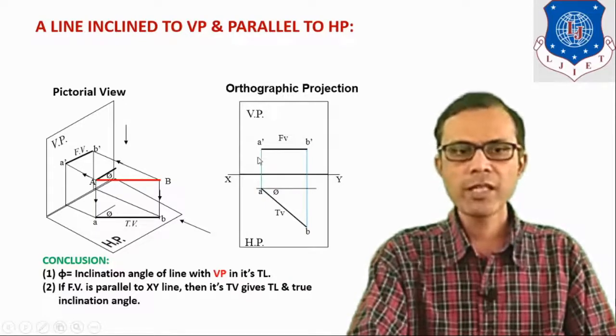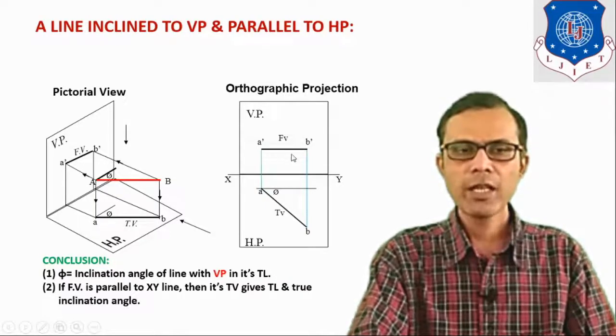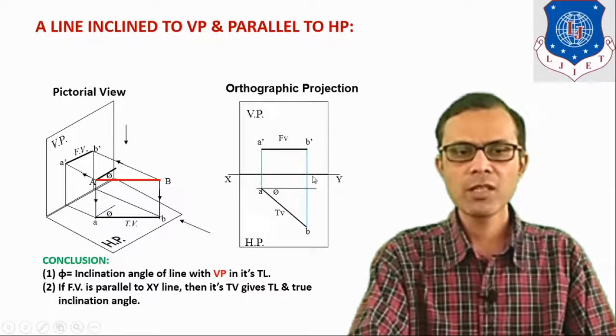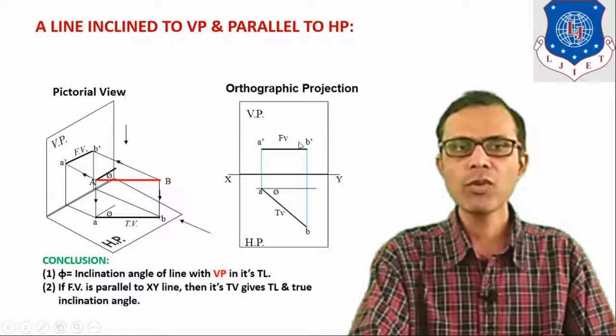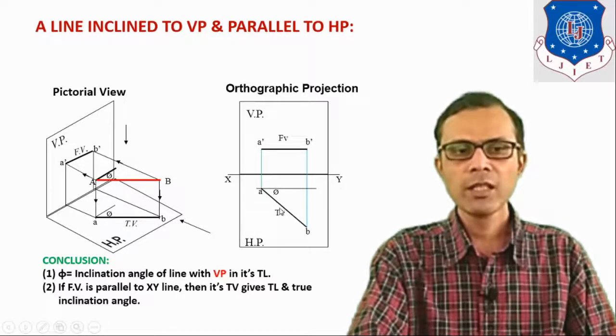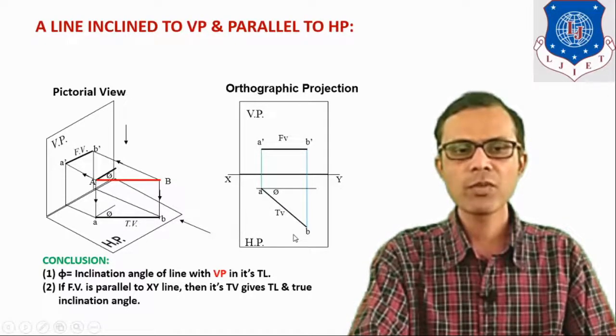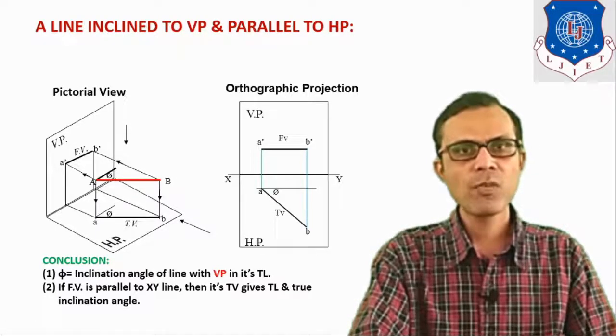And you can notice here this A dash B dash, the front view, is parallel to the XY line. From both of these points the projections are drawn here, and the other view, the top view, gives true length and true inclination. So if the front view is parallel to the XY line, then its top view gives true length and true inclination angle. That is also an important conclusion.